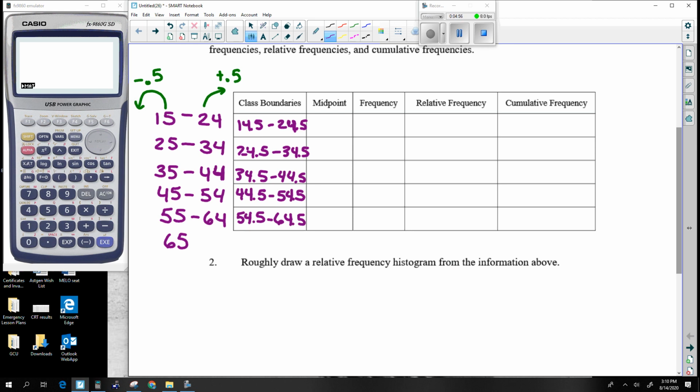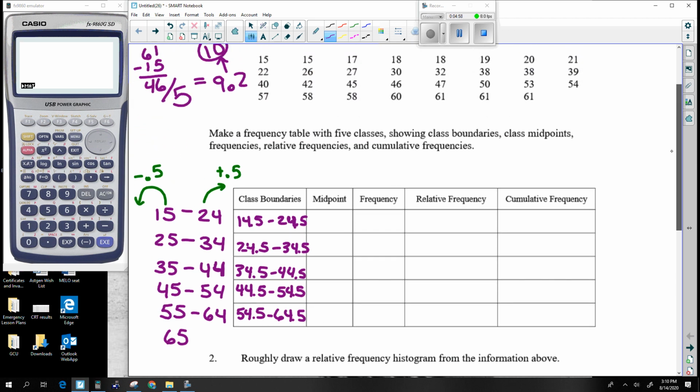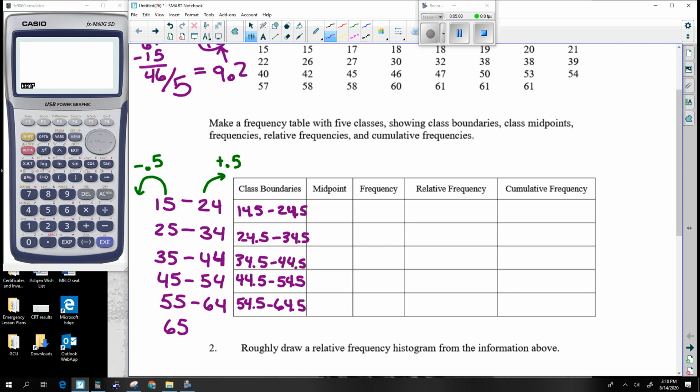Outstanding. Next is the midpoint. What this midpoint is referring to is the class boundaries themselves. It doesn't matter, for instance, in the first category, if you use 15 and 24, or you use 14.5 and 24.5, you'll get the same answer either way.